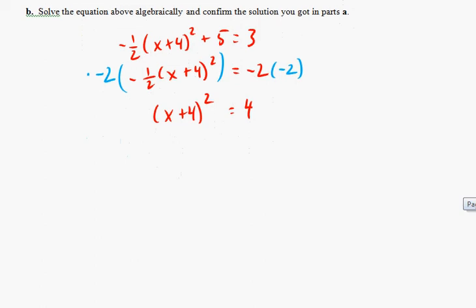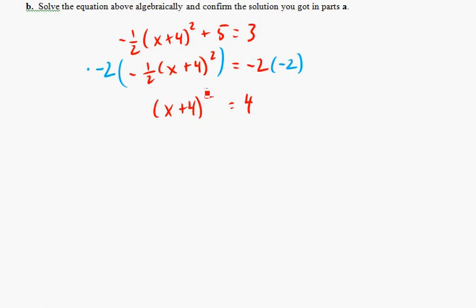Now, we have a quantity squared equaling 4. We should ask ourselves, what squared equals 4? Well, the answer is 2 or negative 2.